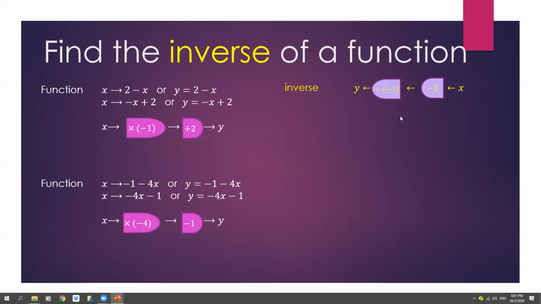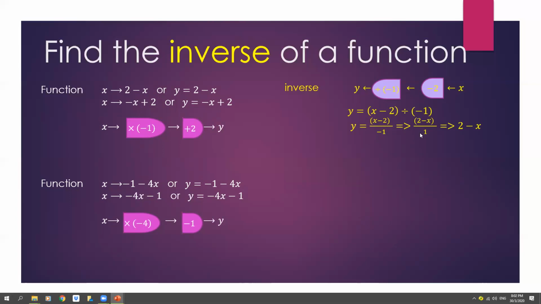So when we write in a function, I mean equation way, it's like that. This x needs to minus 2 first, then divide by negative 1. So you can write in a fraction way, x minus 2 on top, then divide by negative 1. Normally, we don't like to see the fraction in negative form. So we'll change this fraction to make it positive.